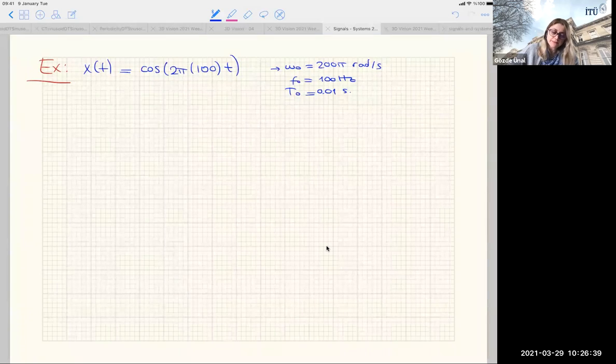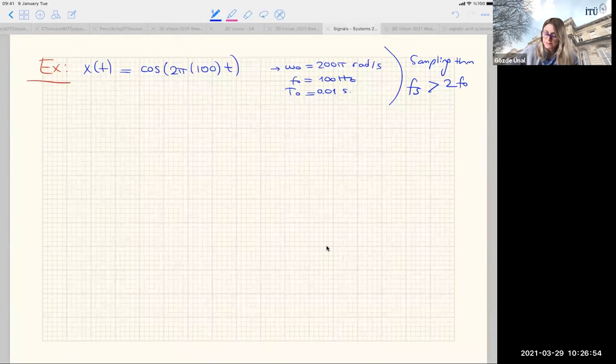From the sampling theorem, I know I should pick my Fs greater than 2 times F0, so Fs should be greater than 200 Hertz.